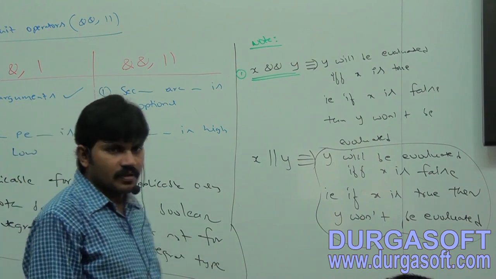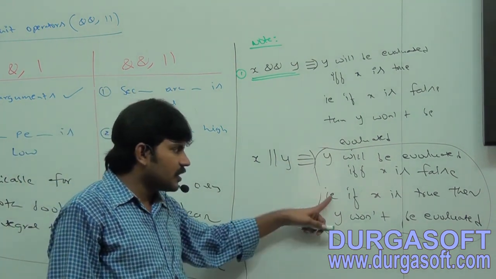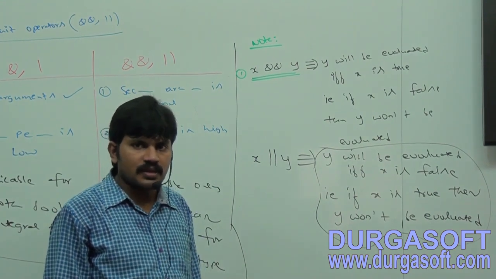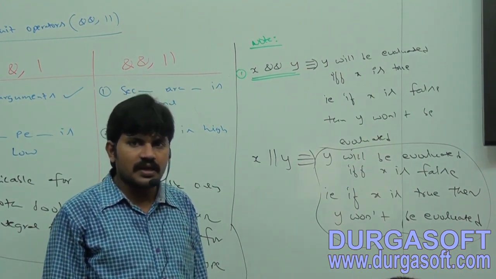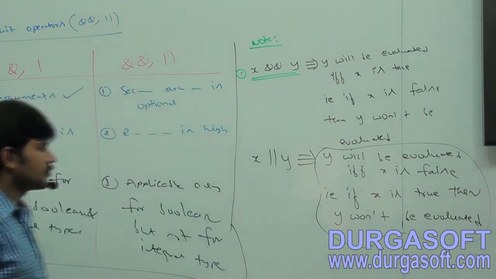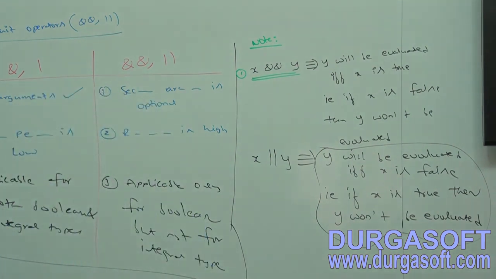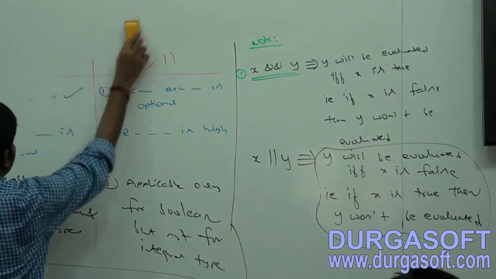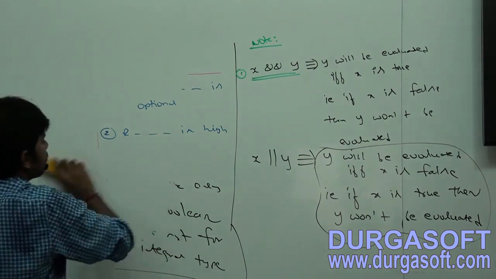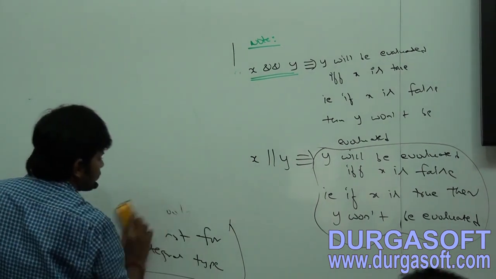That is, if X is true, then Y won't be evaluated. Okay, so these are the differences between normal bitwise operators and short circuit operators.